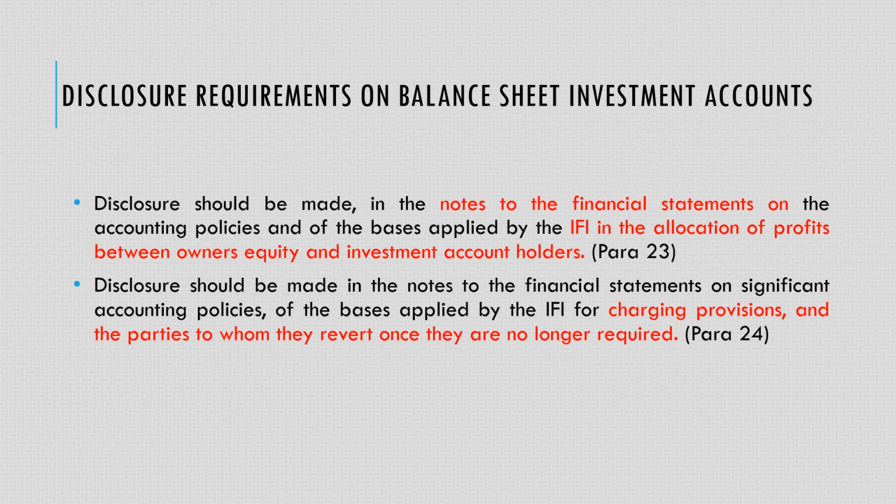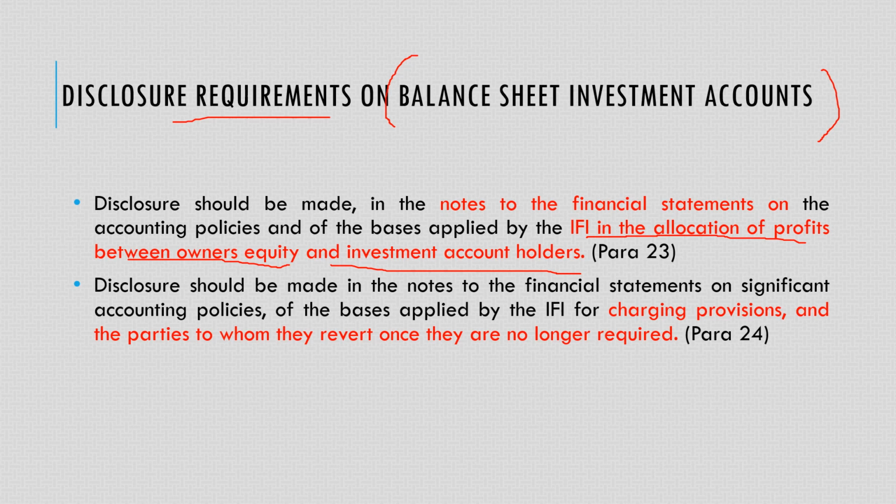And this one shows the disclosure requirement on the balance sheet. So what IFIs must do is disclose in the notes to the financial statements the allocation of profit between owners' equity and investment account holders.